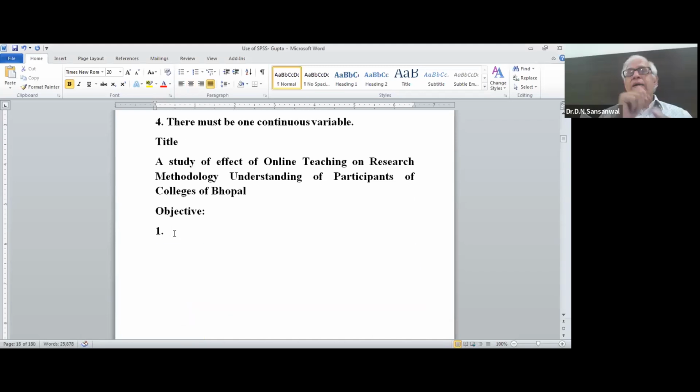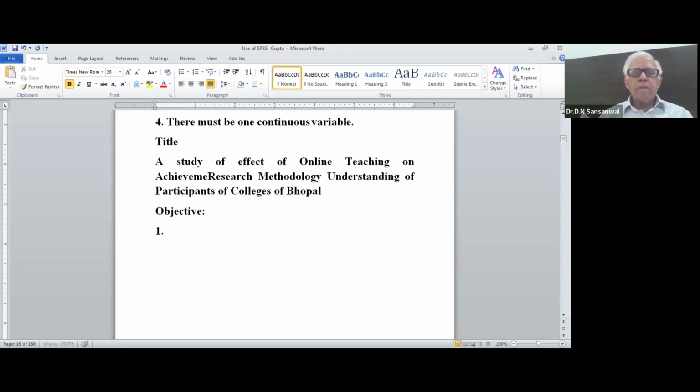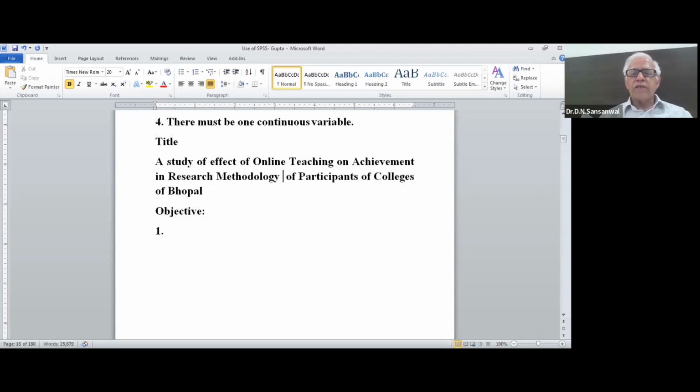So now here, since I have one group and I will be assessing the achievement in research methodology, because otherwise how will you understand the understanding? If you want, you can say achievement in the research methodology. And forget about the word understanding.